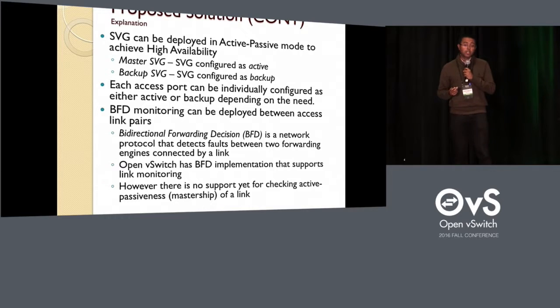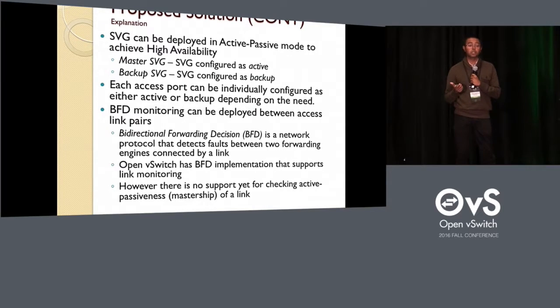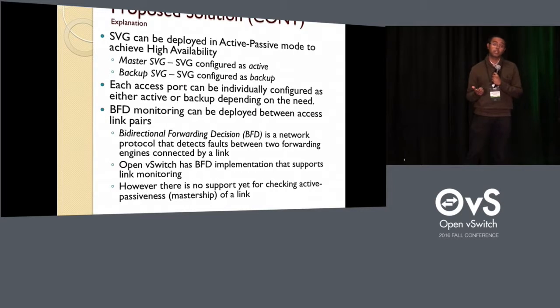One of the great things about OVS is that it provides a lot of services through which you can build your application. You have a very good implementation of RFC 5880, which is BFD, the Bidirectional Forwarding Detection protocol.